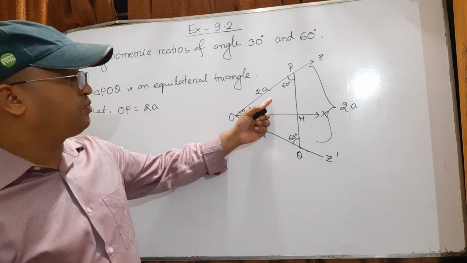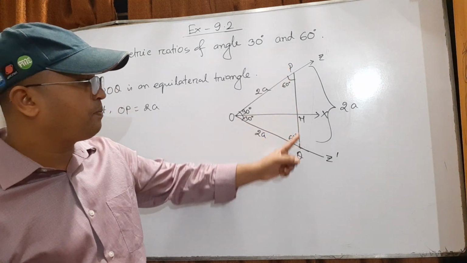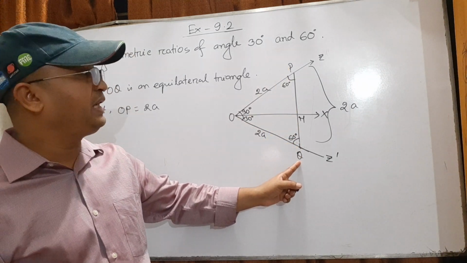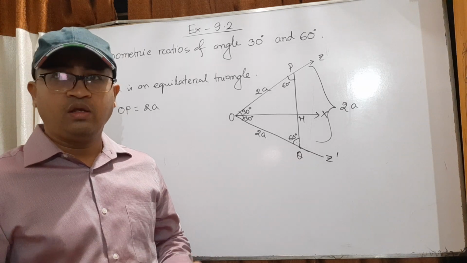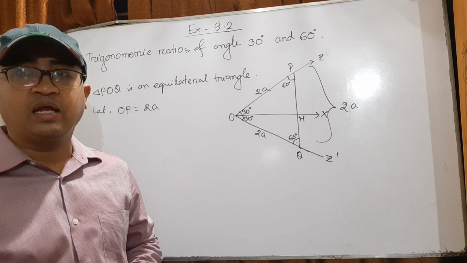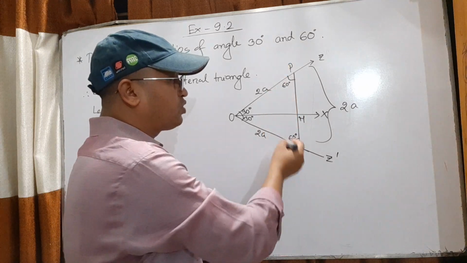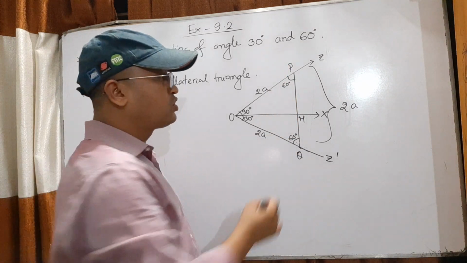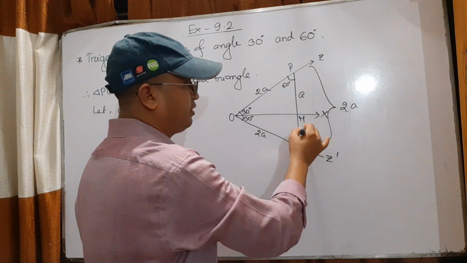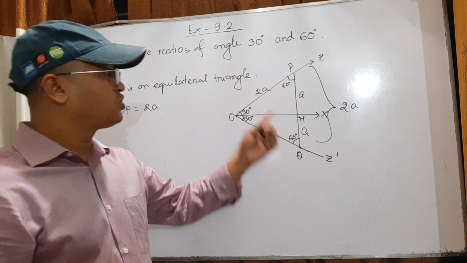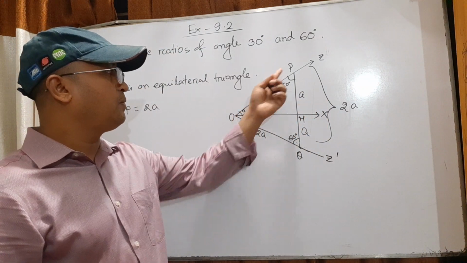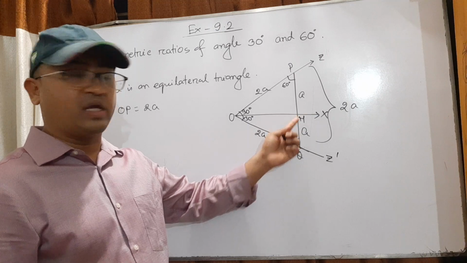Now look at the board. PM and MQ are equal, as I have told previously. So if PQ is 2A, then PM will be A. So OP is 2A, PM equals A.